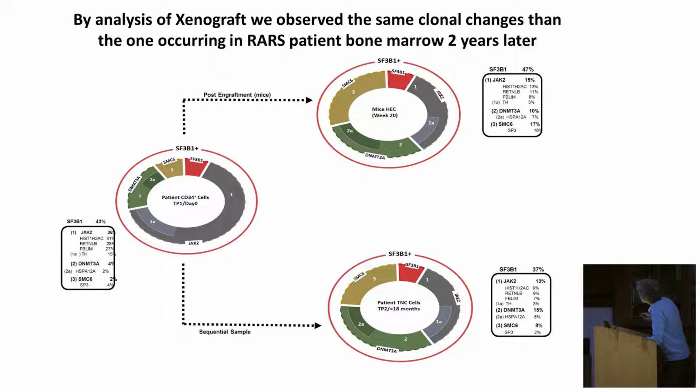We injected and did the analysis of this patient at 18 months, and essentially what you can see here, maybe it's just one example and it's one lucky example, but clearly what is growing out in our mice is quite similar to what is happening to the patient 18 months later during the progression of the disease, indicating potentially that what is more proliferative in our mice may give some sort of clue on how the MDS may progress in the patients.